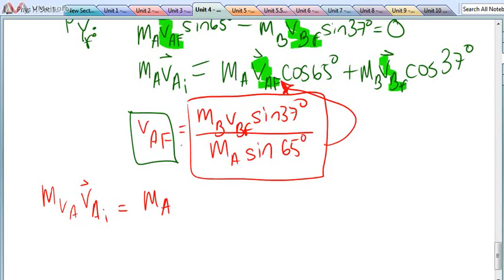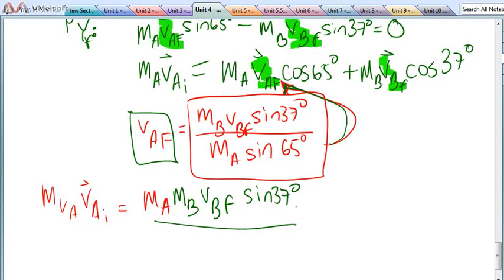Okay, so we isolated VAF because that was one of our unknowns, and we then put that into this equation. So let's finish writing that out. And here I'm just doing a color difference from where we're taking off from the last one. And sine 37 degrees over, oh, and by the way, times cosine of 65 degrees, which looks horrible and disgusting, but those are just numbers, okay?